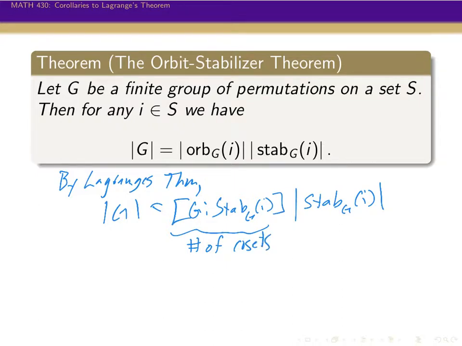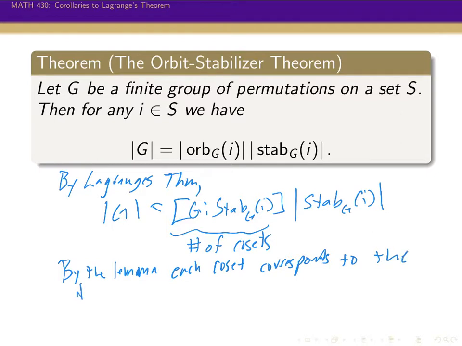And so remember this index, this is the number of cosets. And by the lemma, each of these cosets corresponds to a different place where i is sent, and so that corresponds to the different elements of the orbit of i.